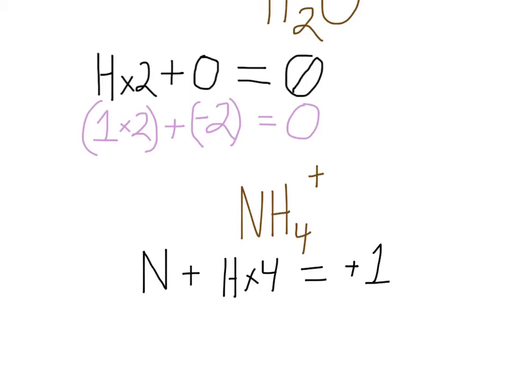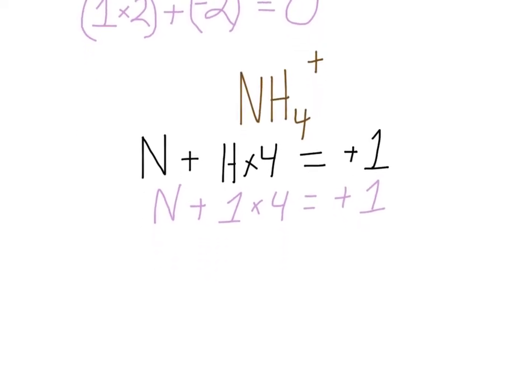Once again, it's just simple algebra. The oxidation number of nitrogen, we have no idea what it is, so we're just going to leave it as N, plus the oxidation number of hydrogen, which is 1, times 4, equals +1.